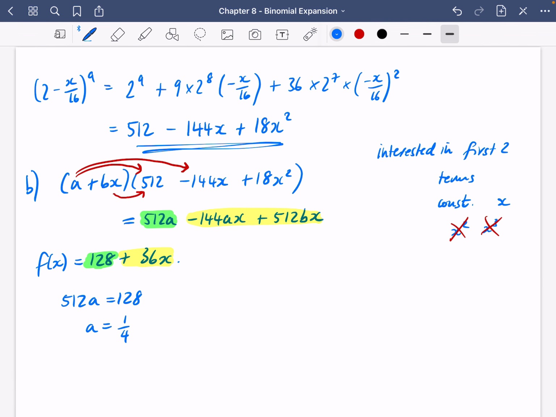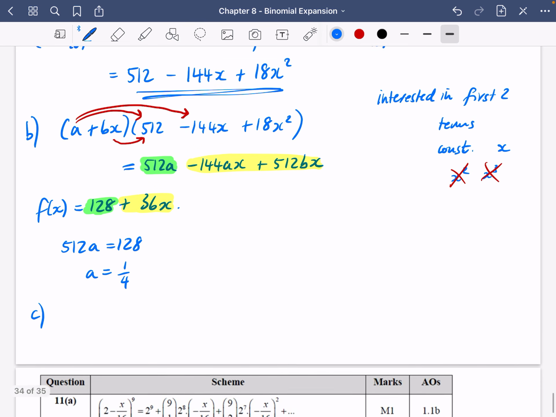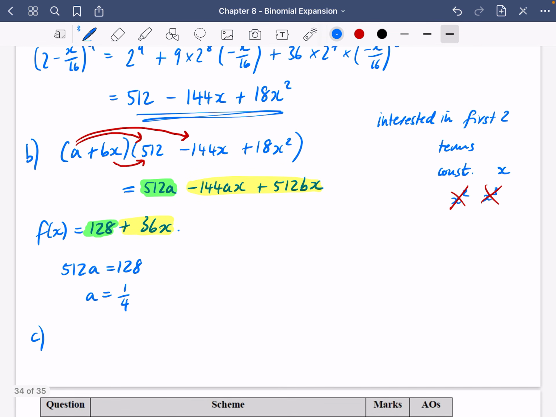Now for part C of the question, to find out what b is, I know that this minus 144ax plus 512bx is the same as the 36x, that's the yellow bits. So I can just ignore the x's. I know that a is a quarter, so I'm going to do minus 144 times a quarter plus 512b equals 36.